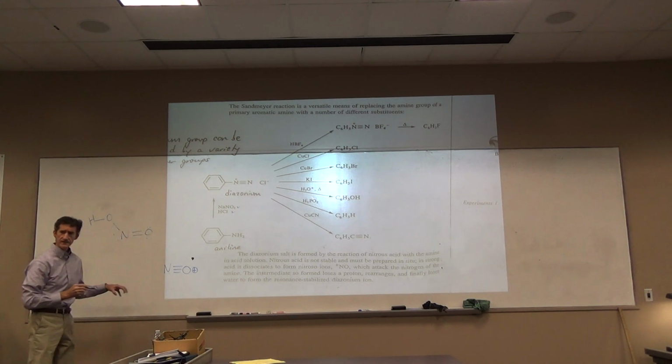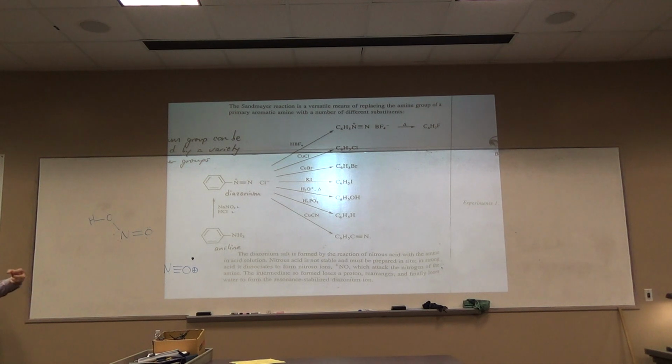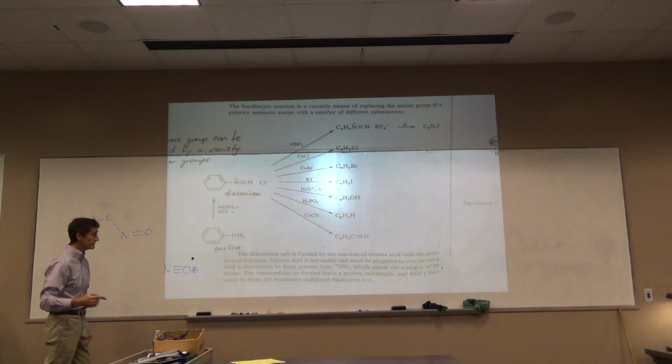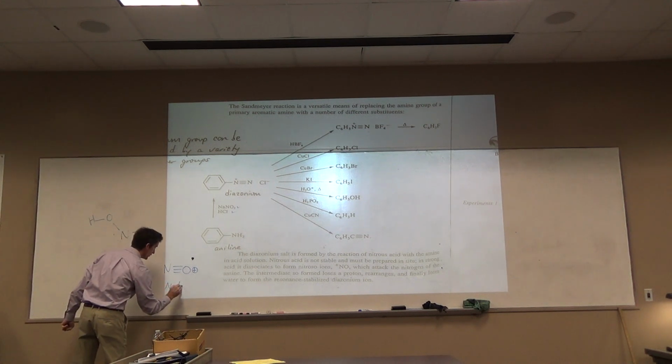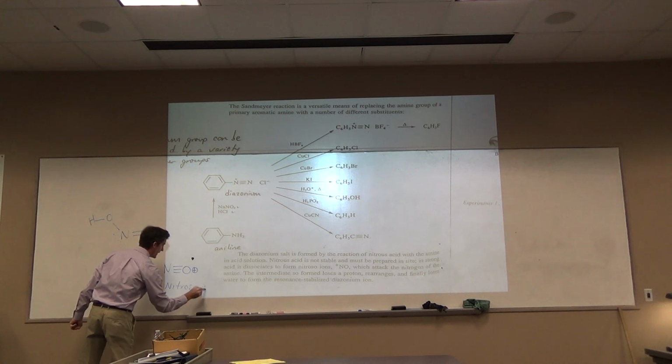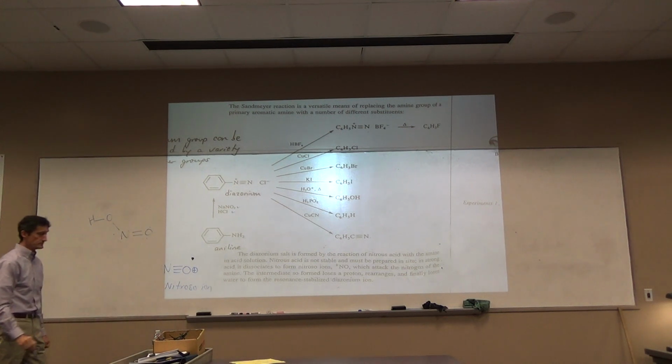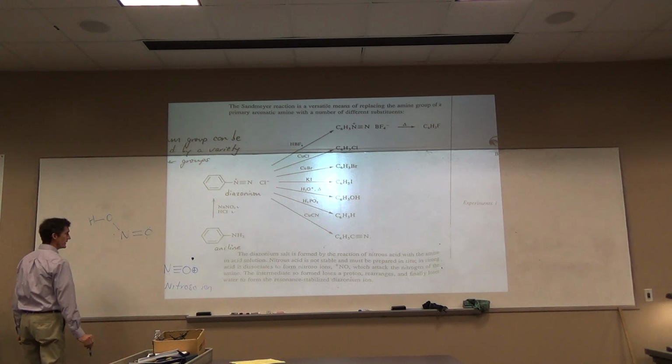Remember when we did nitric acid? We protonated it, we lost water, we made what? Then the ring reacted with, we make nitro groups. Nitronium ion, yes. That's the NO2 plus. This is called a nitroso ion. NO plus. That's what we want to get.